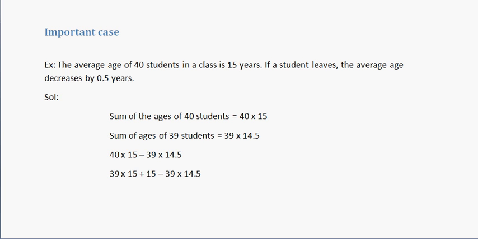Can we write it like this? Yes, we can. So from this and this we take 39 common, which means it becomes 39 into 0.5 plus 15. Whatever the answer is, that would be our answer, right?